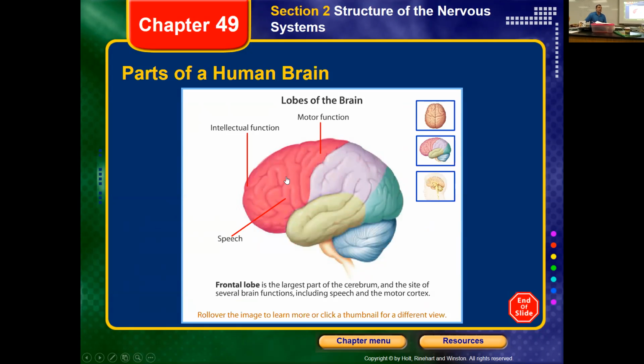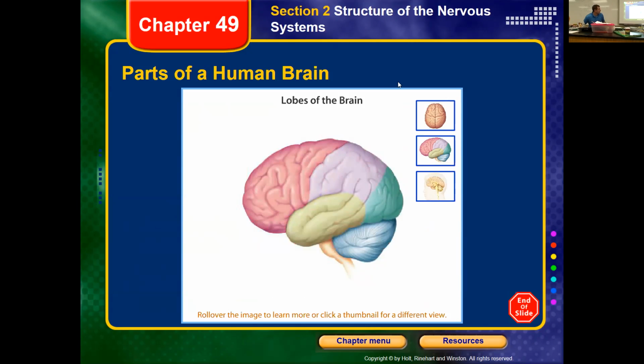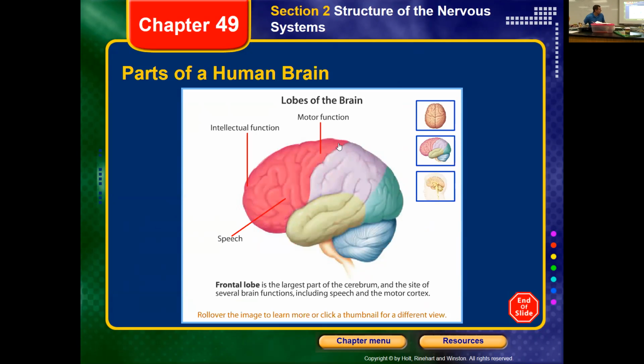This is the area that controls judgment, decision-making, a lot of higher-level thinking things. At the very back top portion of it is also where motor function is controlled. So in reality, the area that controls all of your muscle movement is just right here, down this band right there.